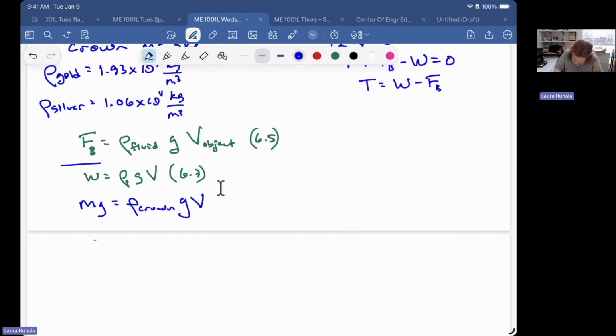Well, gravity's on both sides, so I can cross that out. So I can rearrange and solve for the volume. So the volume is equal to the mass divided by the density of the crown.